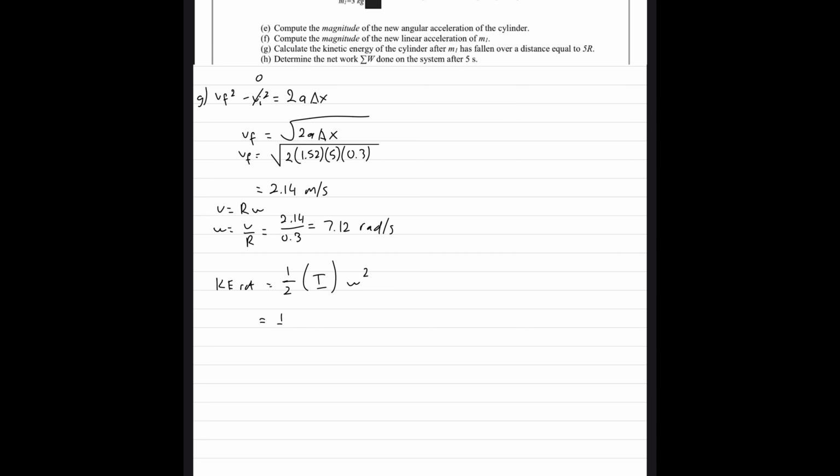That's how it's spinning. Inertia of the cylinder is 1 over 2 MR squared, then R squared, and then omega squared. And now I'll plug in the numbers. Mass is 30 kilogram, R is 0.3 squared, and then omega is 7.12 squared. And then you get about 34.2 joules.